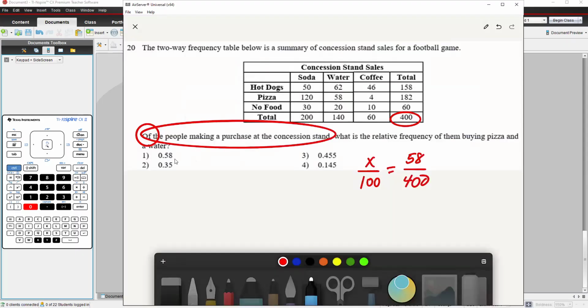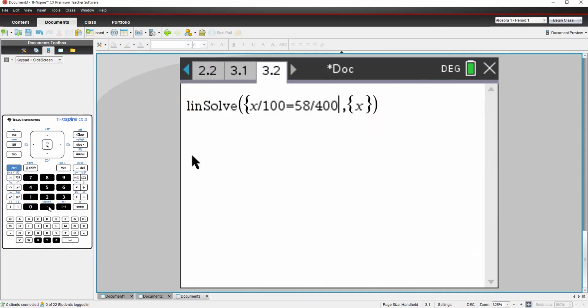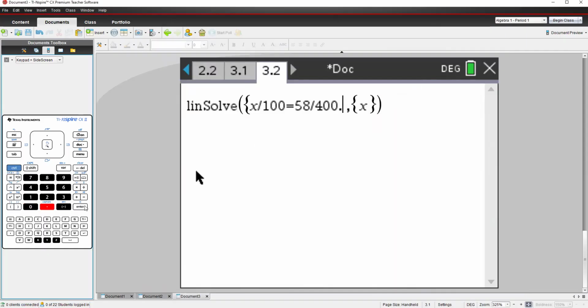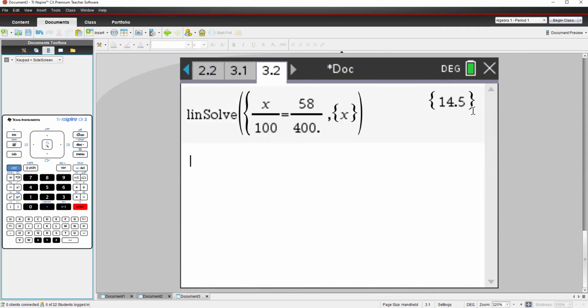You see all the answers are decimals, okay? So if you want the calculator to give you the answer as a decimal, then you have to include the decimal in one of these numbers. So when I go back over here, I'm going to put a decimal at the end of the 400. And now the calculator knows, okay, give me an answer as a decimal as opposed to a fraction. So it says 14.5%.